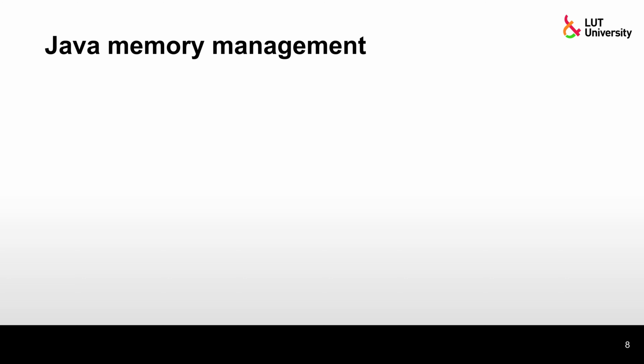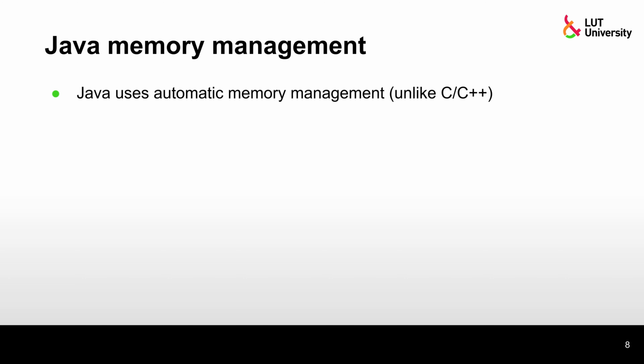A few words about Java memory management. So there is automatic memory management, which is different from C or C++. It's similar to Python, so the programmer doesn't need to reserve or free memory. Java does it automatically.